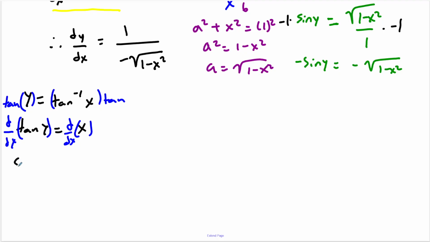So this should be secant squared of y times the derivative of the inside, our beautiful chain rule. We get dy/dx. This then equals d/dx of x, which is 1.